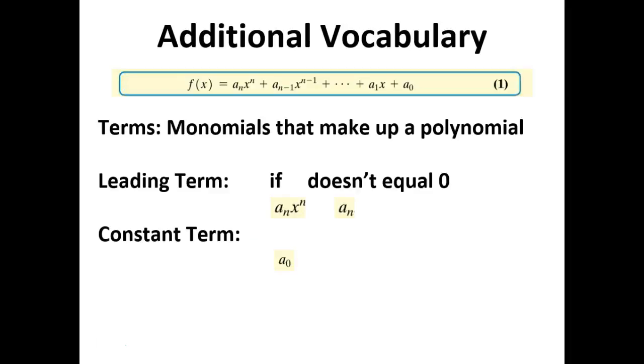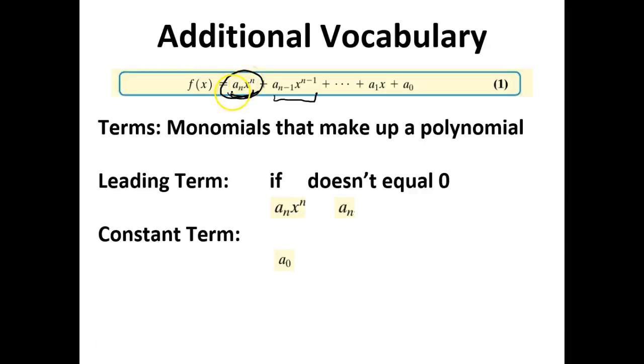Some additional vocabulary that goes with this. Each of the individual x terms are monomials. So each individual term is a monomial. The leading term, if it doesn't equal 0, is what's out front, the term with the biggest exponent. That whole thing is the leading term.